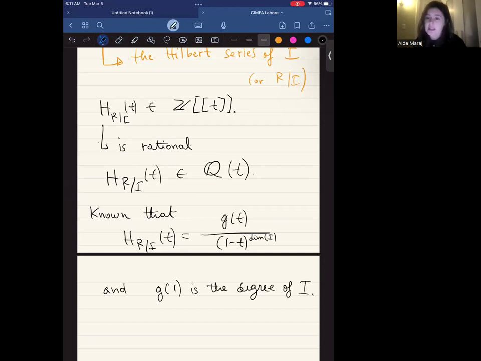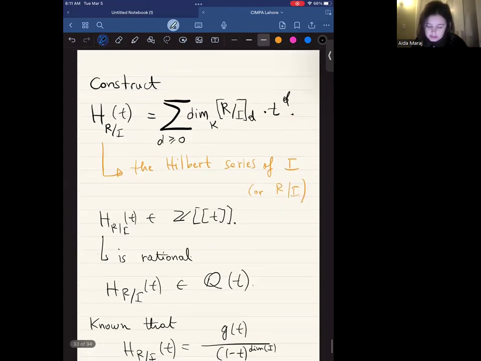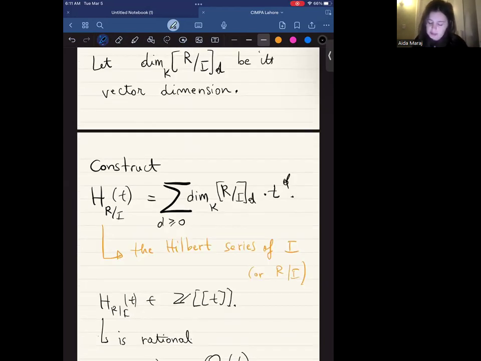So what this is saying is that this series can be written in a compact form.